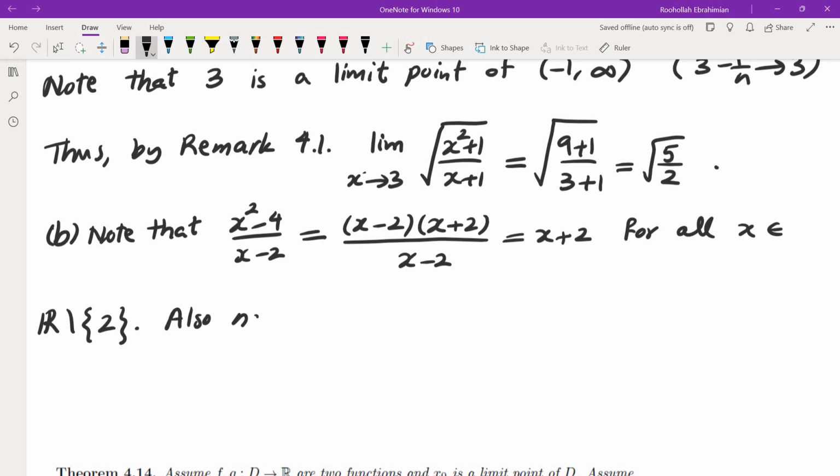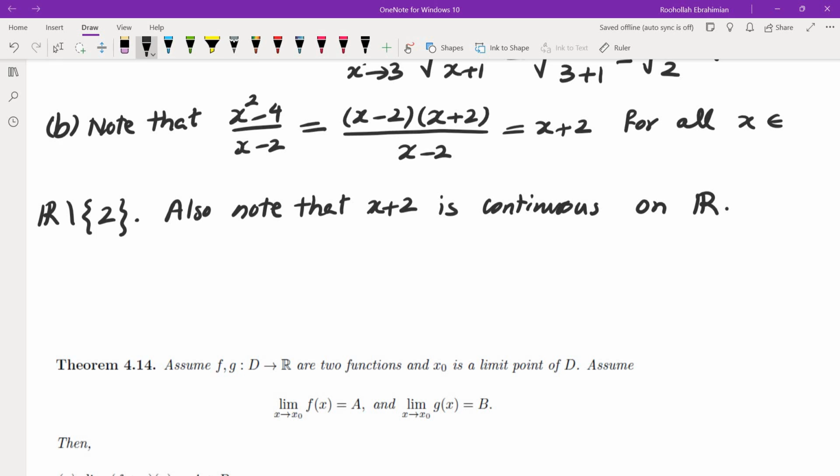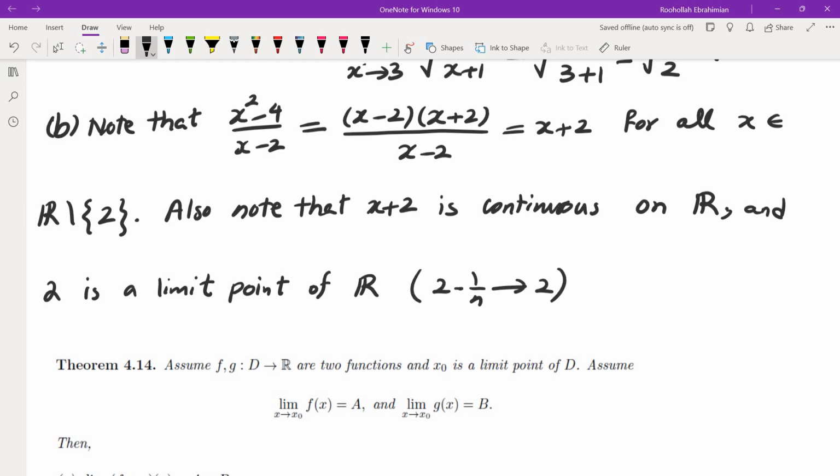Also, note that x plus 2 is continuous at x equals 2. In fact, it is continuous over the entire real line, and 2 is a limit point of R. So for example, 2 minus 1 over n approaches 2.